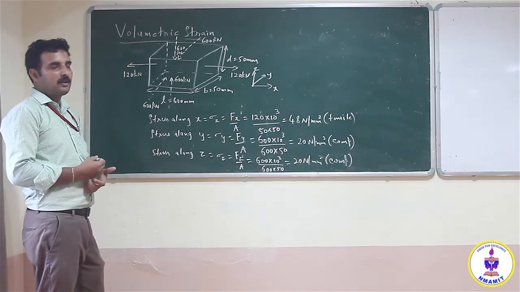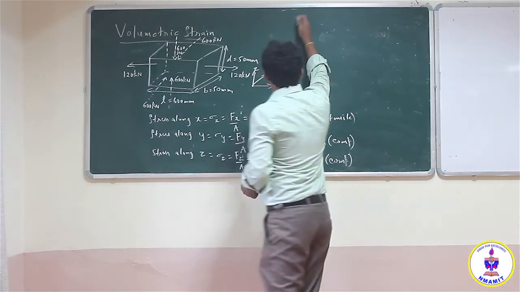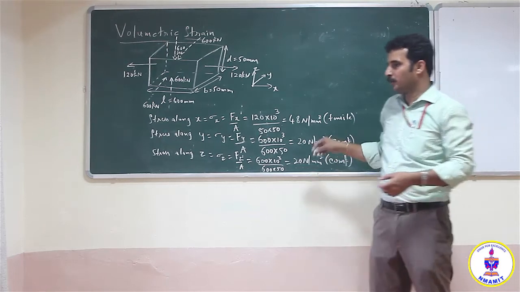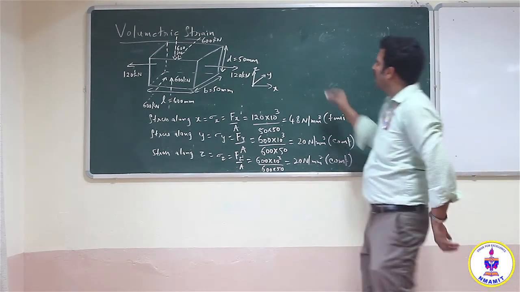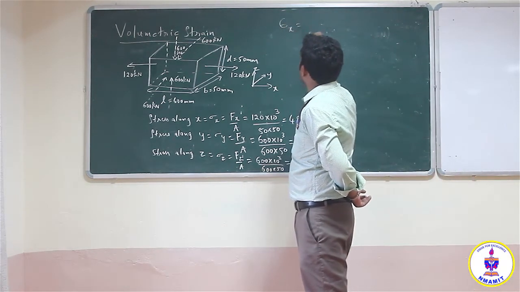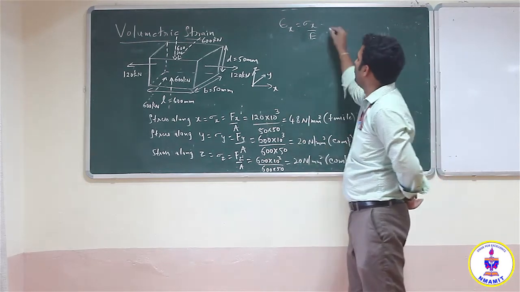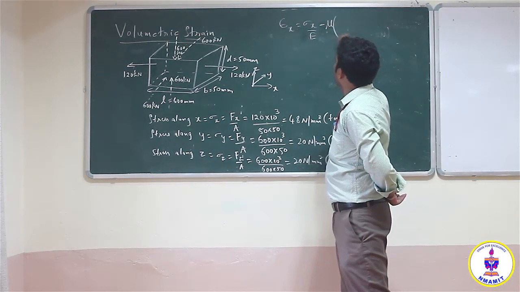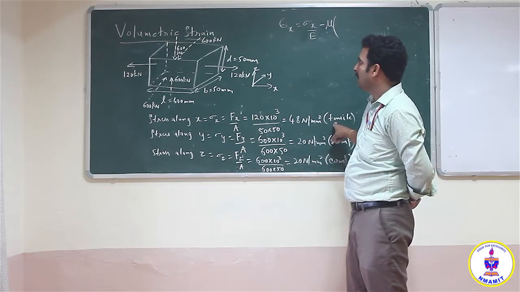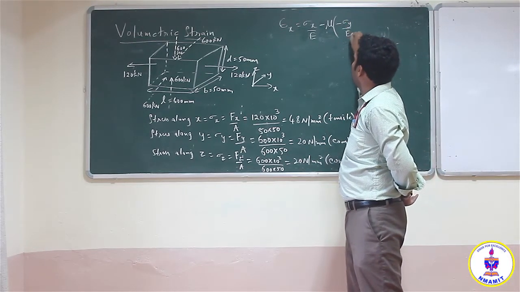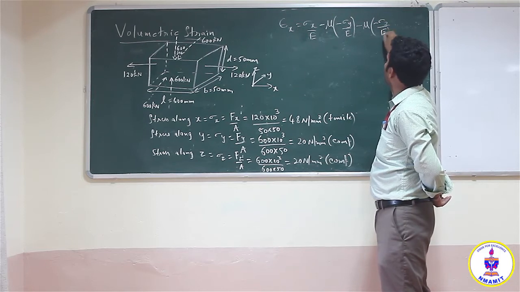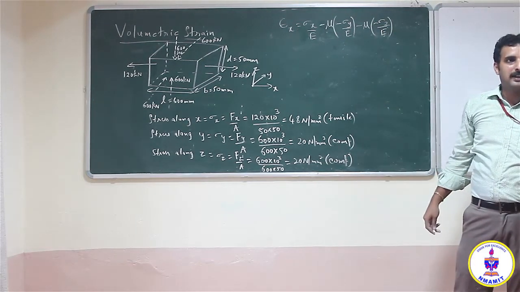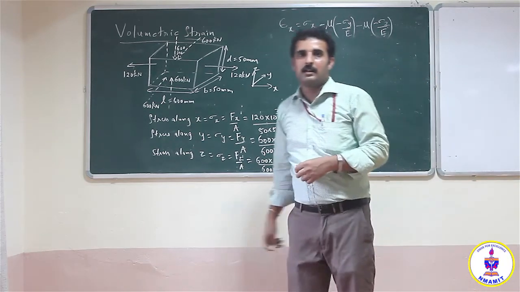So we have calculated what are the stresses. Now we will calculate what is the total strain along X, Y and Z direction due to sigma X, sigma Y and sigma Z. So from the generalized Hooke's law, we know total strain along X equal to sigma X by E. So sigma X is tensile, minus mu into, instead of sigma Y by E, here I will write minus sigma Y by E. So minus mu into minus sigma Z by E. So inside the bracket, the negative sign indicates that sigma Y and sigma Z are compressive in nature.